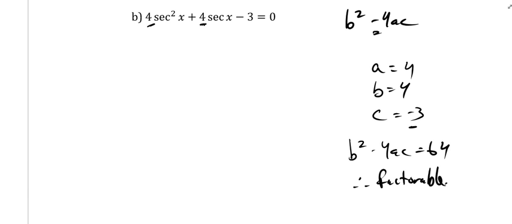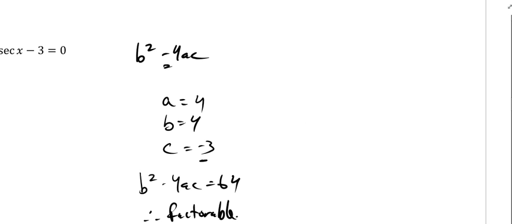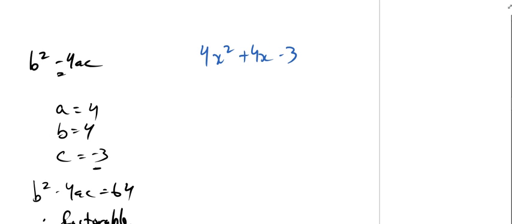Okay, so let's go ahead and factor it. So again, this is 4x squared plus 4x minus 3. Quick, tricky trinomial review. Everybody's got different ways of doing this. In the next couple of units, we're going to do a lot of factoring, so you'll get a lot of practice with this.